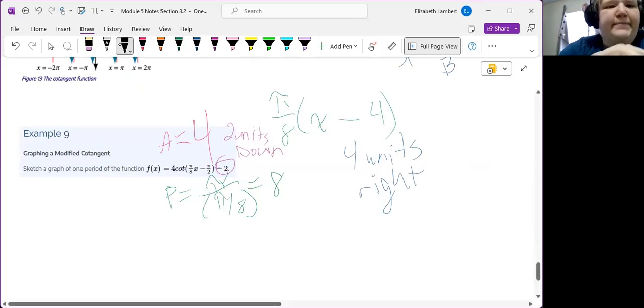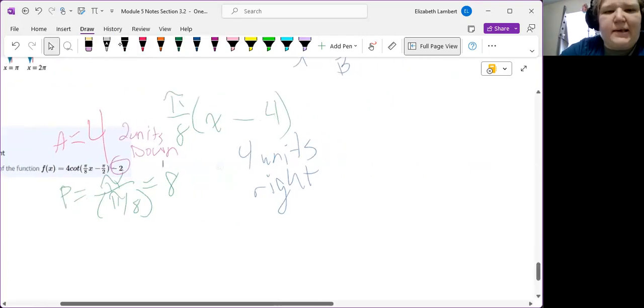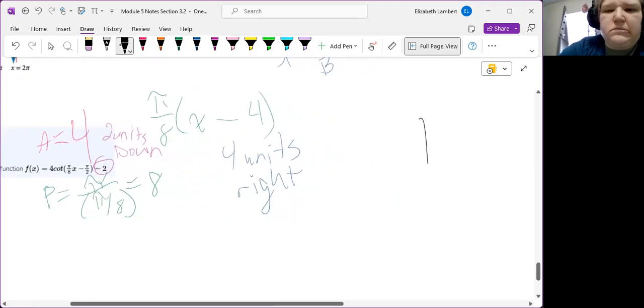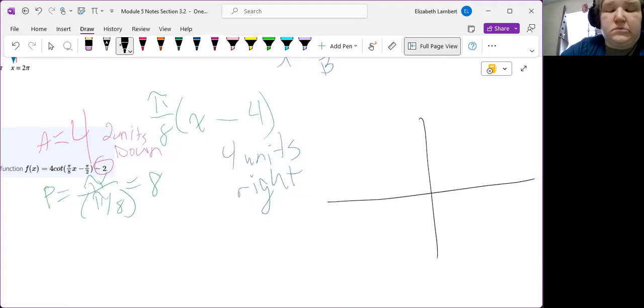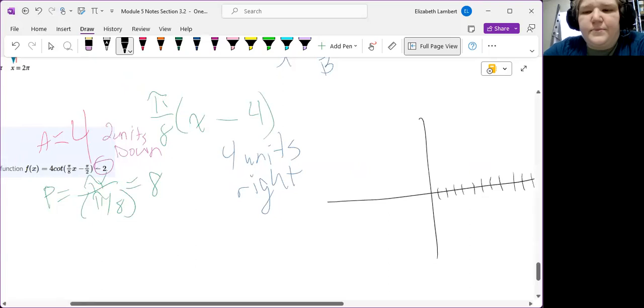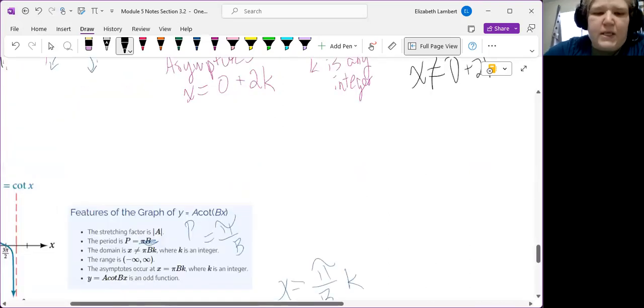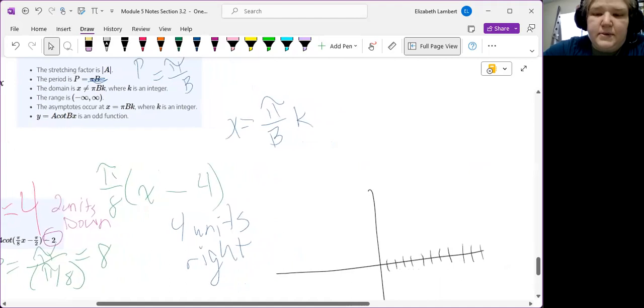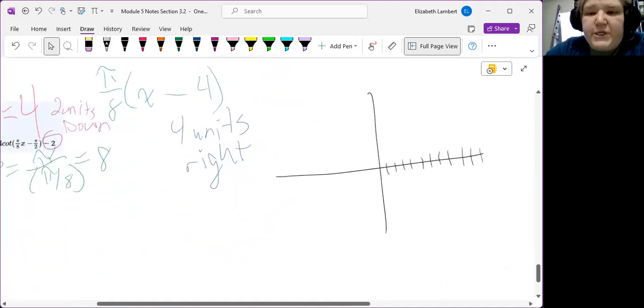All right, let's see what we can make of this. All right, so 4 units right. Sorry about that. I just tried to put one more tick mark and it was right on the scrolly line.